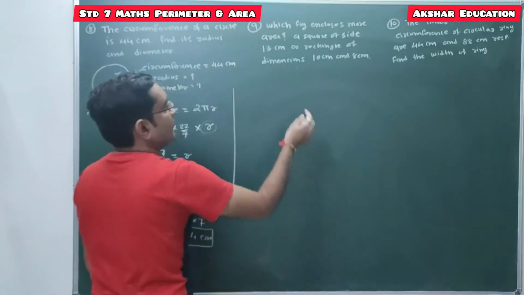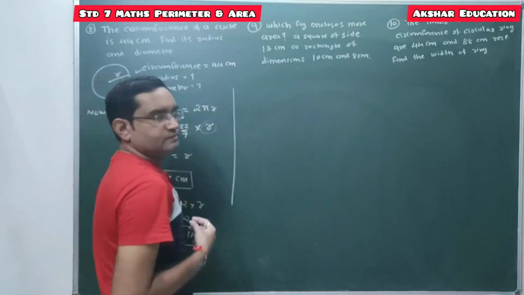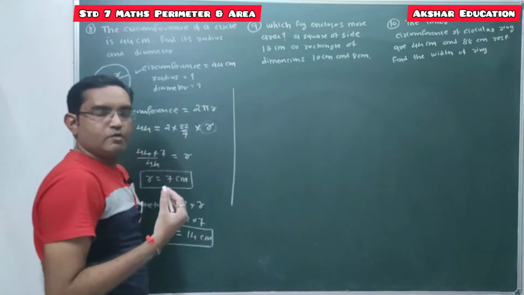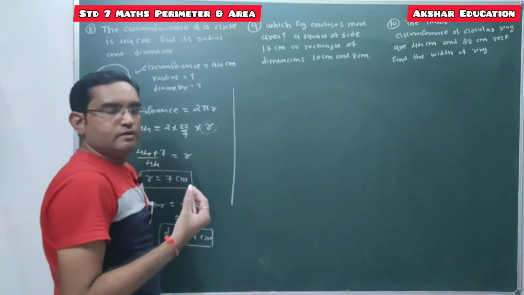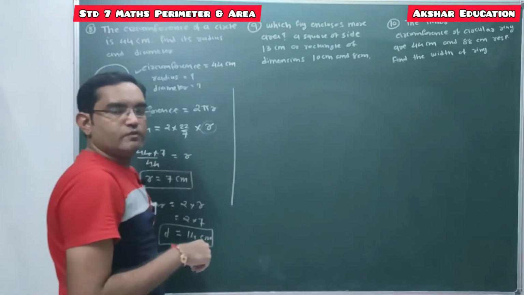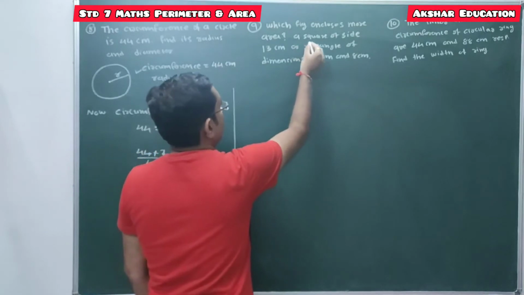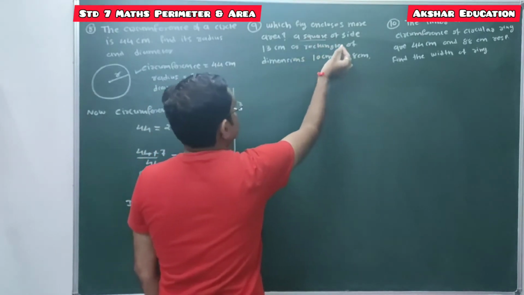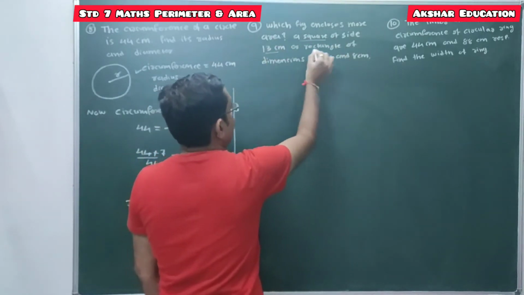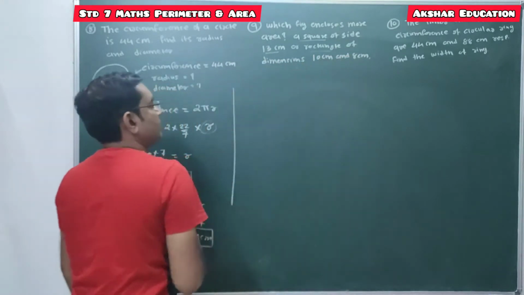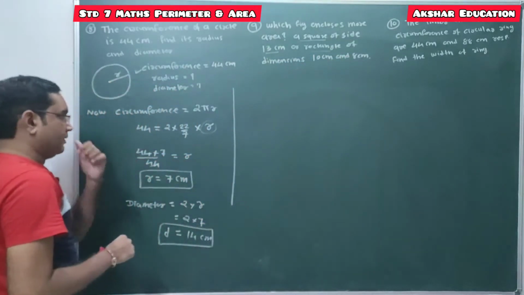Which figure encloses more area? The figure enclosed by a closed figure is called its area. So you have to find the area of two figures: a square of side 13 centimeter and one rectangle of dimensions 10 centimeter and 8 centimeter.